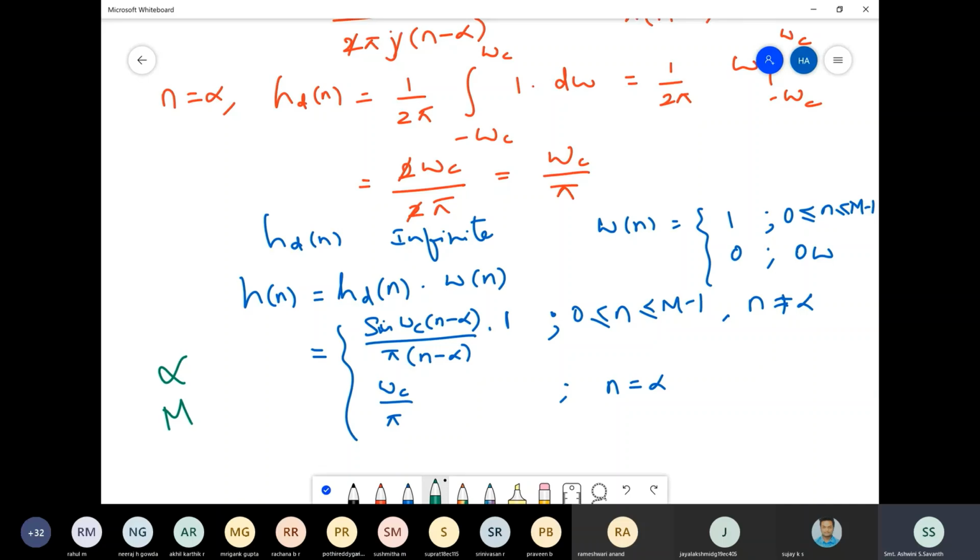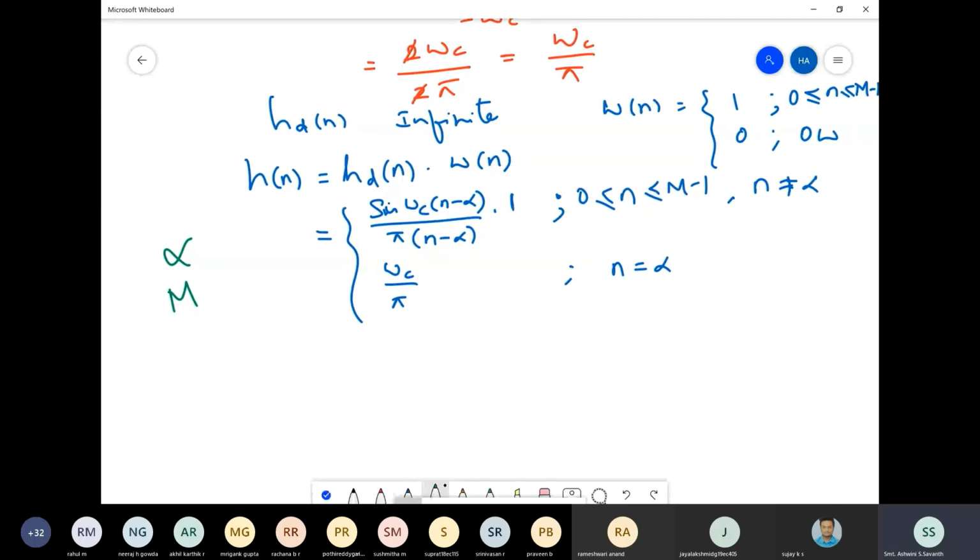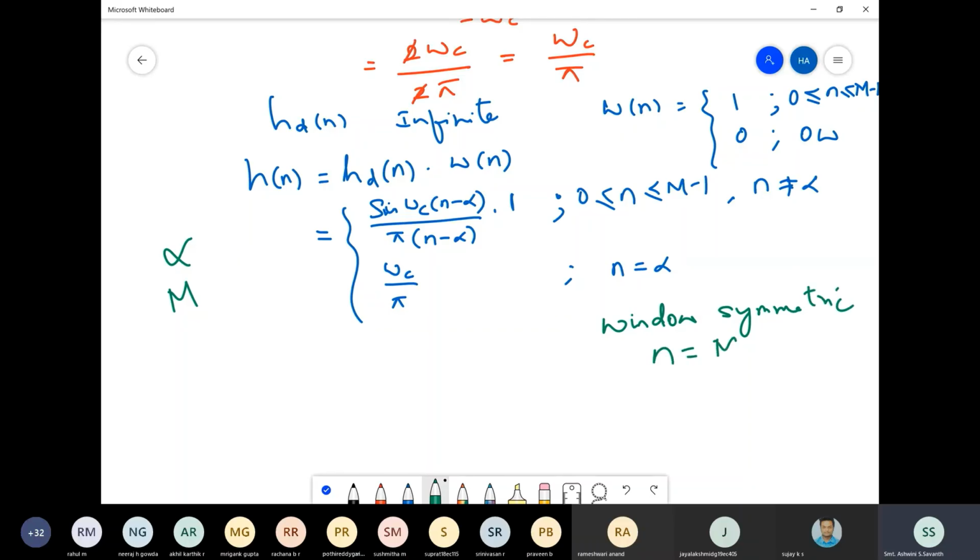Now your window function w of n is symmetric. About which point? About the center point, that is m minus 1 by 2. So the window function is symmetric about the point n equals m minus 1 by 2, exactly the center, because it's a rectangular function.